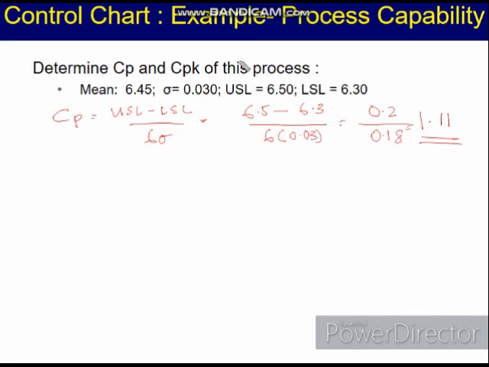Again, this might be erroneous because we don't know whether the process is centered to the spec limit or not. So let's calculate CPK, which will take into account whether the process is centered at the center of the spec limit or not.